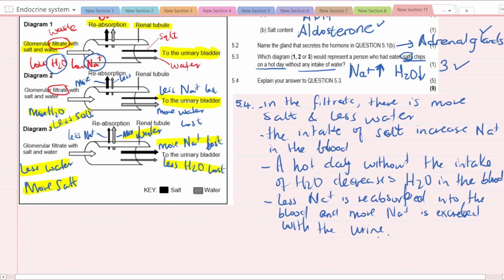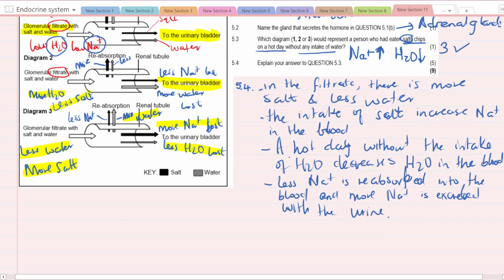I'm explaining according to the diagram, I'm not explaining the process. It's excreted with the urine, therefore meaning a decrease. Thus Na+ will decrease in the blood.